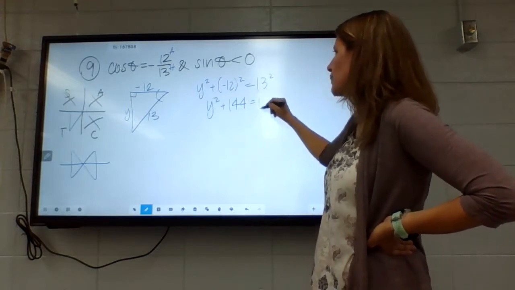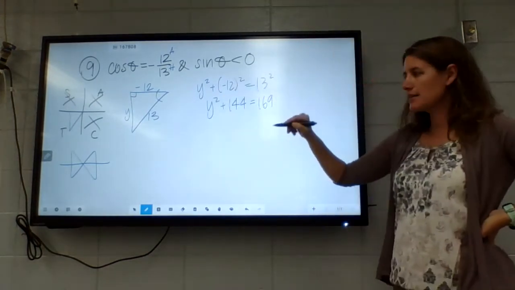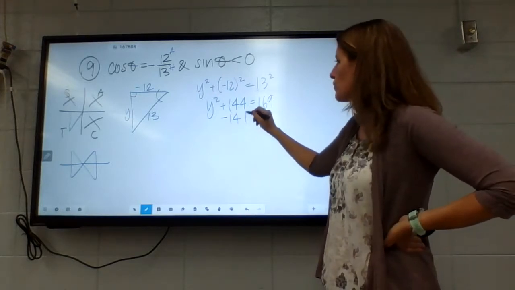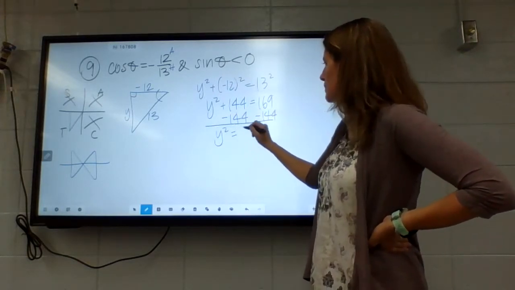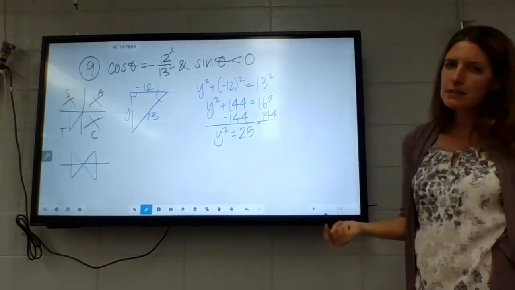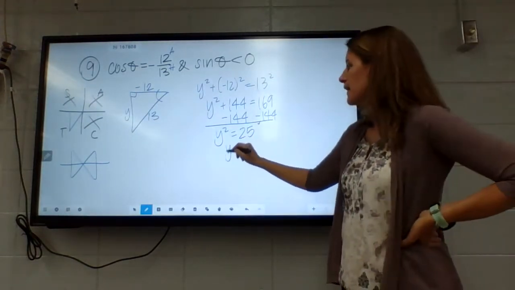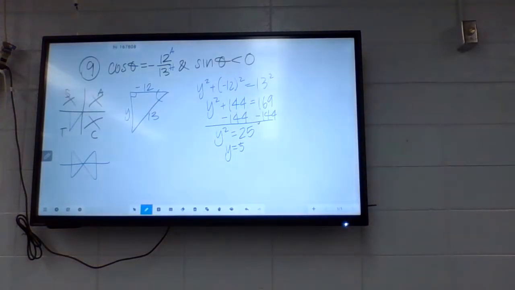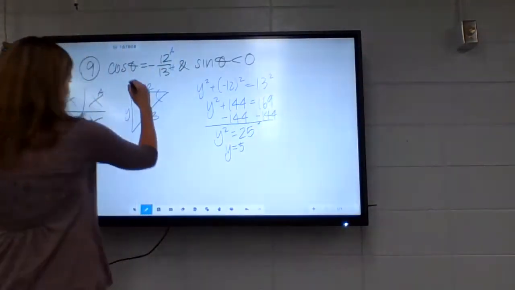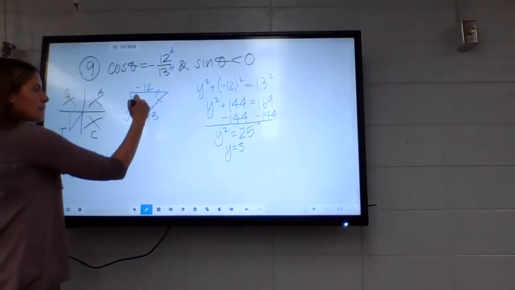Now careful, when you square something, it ends up being positive. So y squared ends up being 25, so that means y is 5. That's just one I knew because of the special right triangles. It comes up quite a bit in trig. This y is 5, except it's going down, so that's going to be a negative 5.